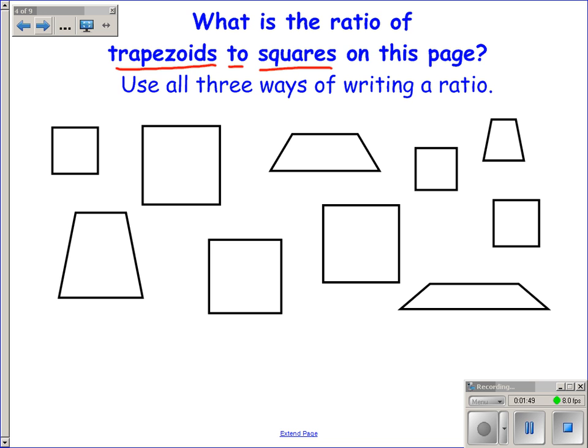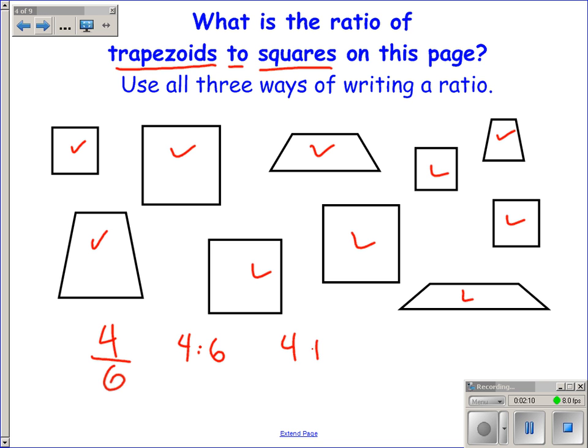So let's count them. There's 1, 2, 3, 4 trapezoids, and 1, 2, 3, 4, 5, 6 squares. So the ratio as a fraction is 4/6. Using a colon, it's 4:6, and using words, it's 4 to 6. Again, notice that I'm doing it in the same order that I was asked.